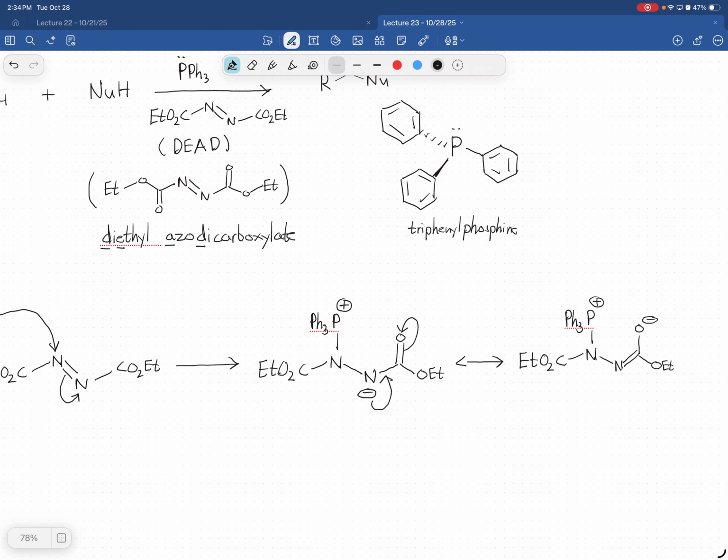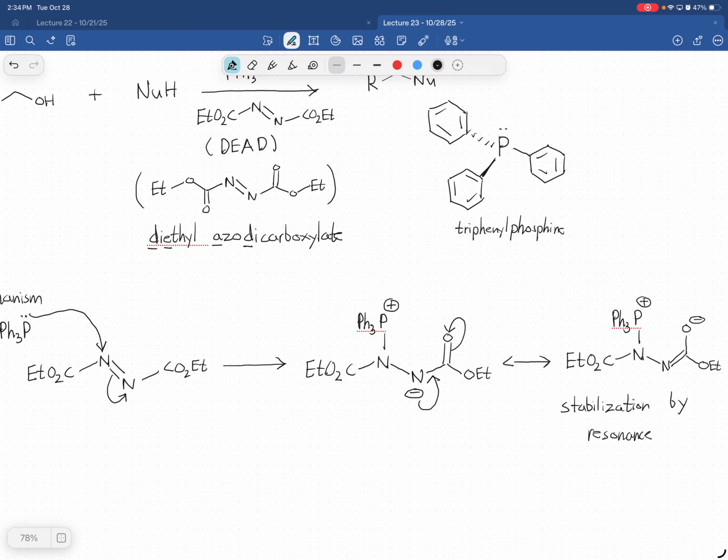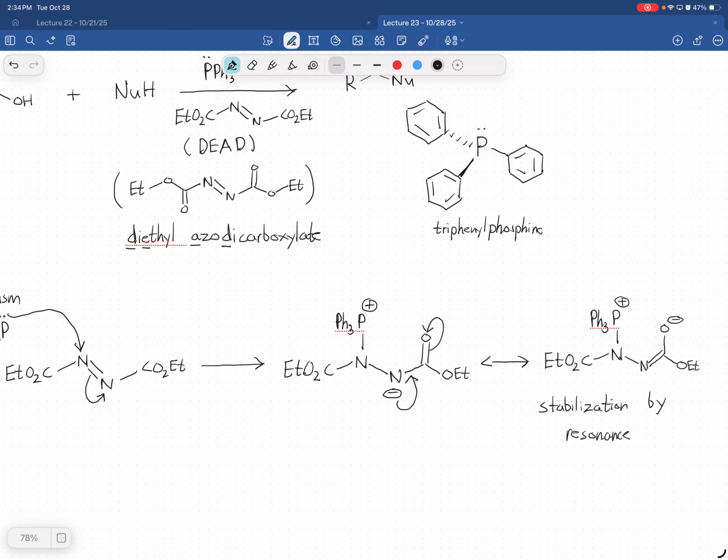Here we have stabilization of this negative charge by resonance. So we have activated DEAD, and that's going to help us activate our nucleophile before we substitute.